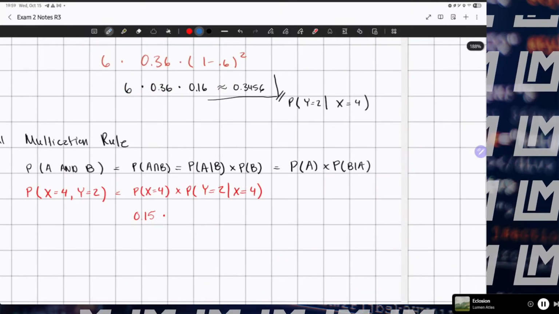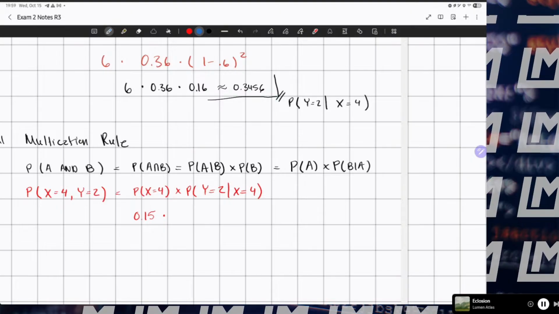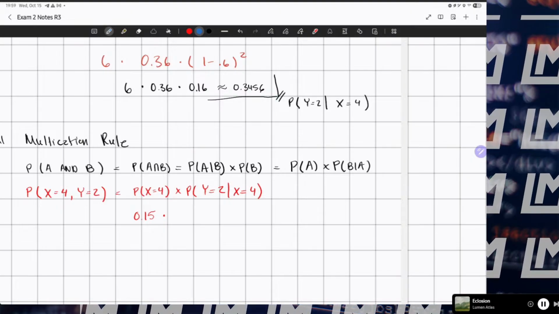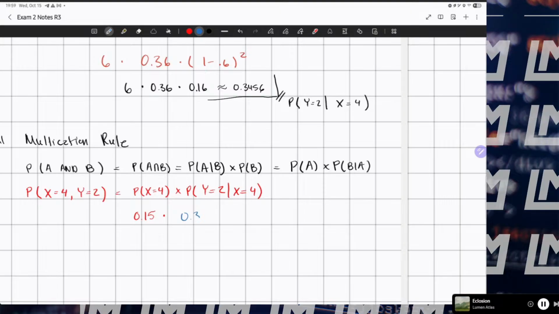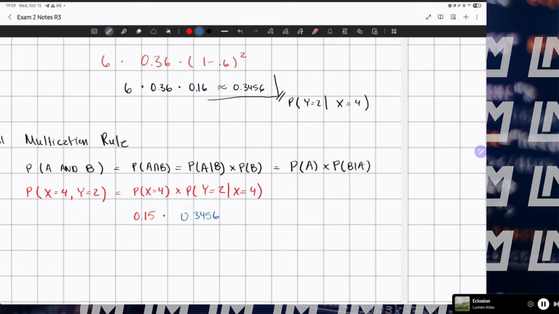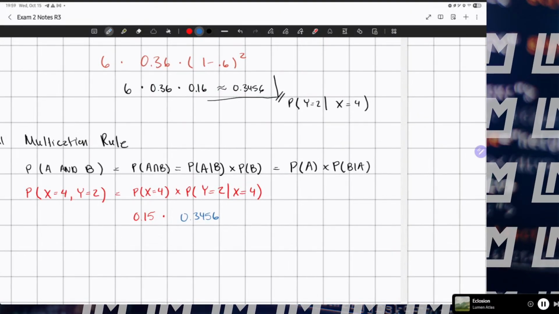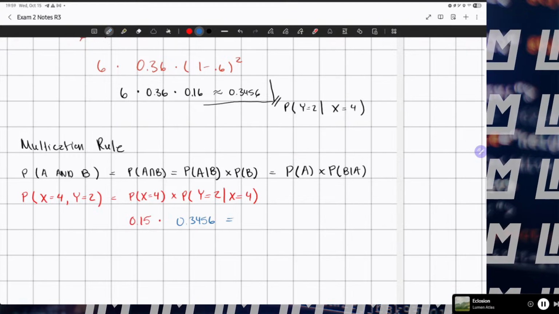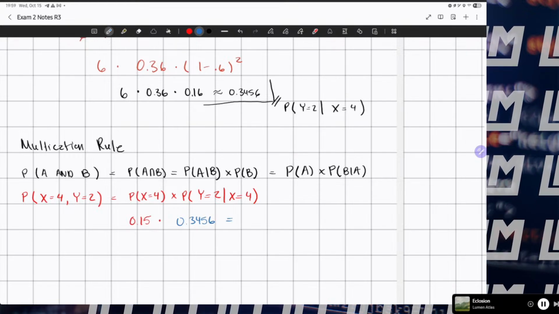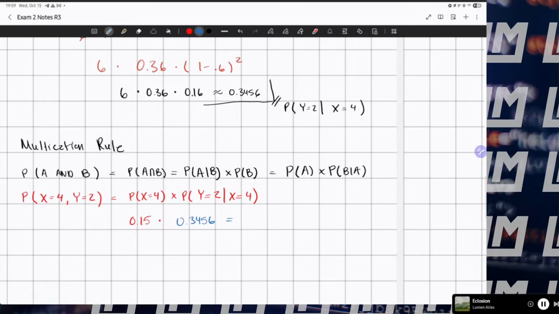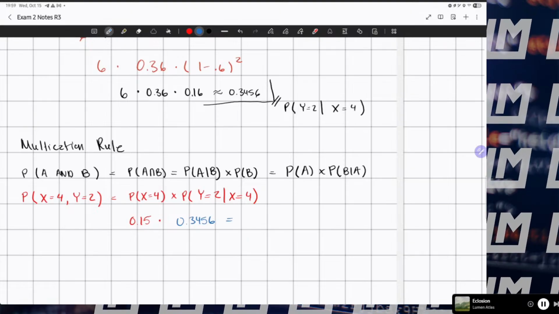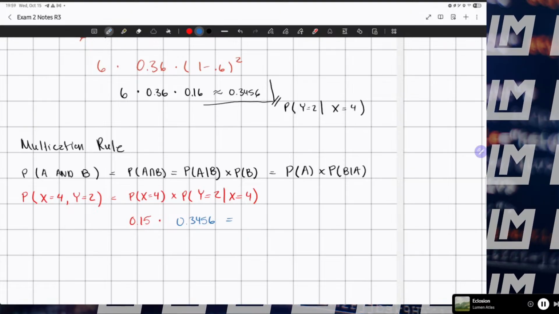So then the probability of y given x equals 4 is 0.3456. Now we multiply that together, and what we get is 0.15 times 0.3456.